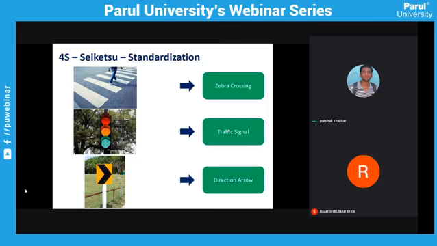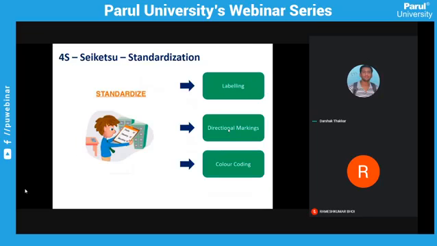Definitely not, because there is no identification showing that you have kept your charger in this particular area, right? So standardization means that we have some labeling and identification there, so each and every person can easily identify the things without any information or any waste of searching time, right?